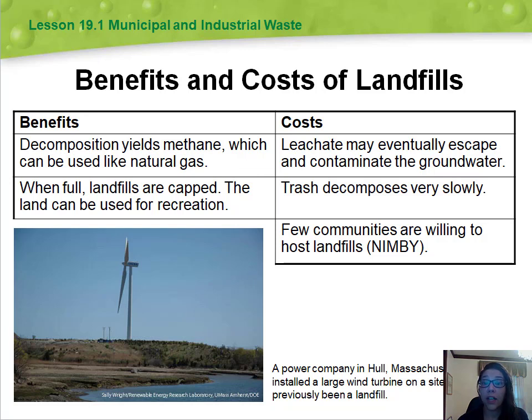The costs of landfills are that they produce that disgusting liquidy waste goop, leachate, which may eventually escape, and that would contaminate the surrounding area and potentially contaminate the aquifer or groundwater. The trash decomposes very, very slowly.